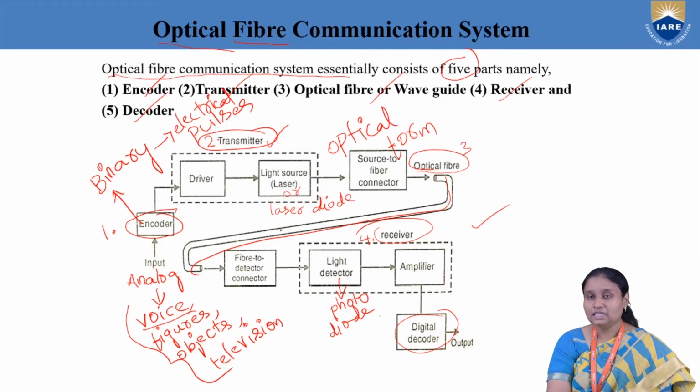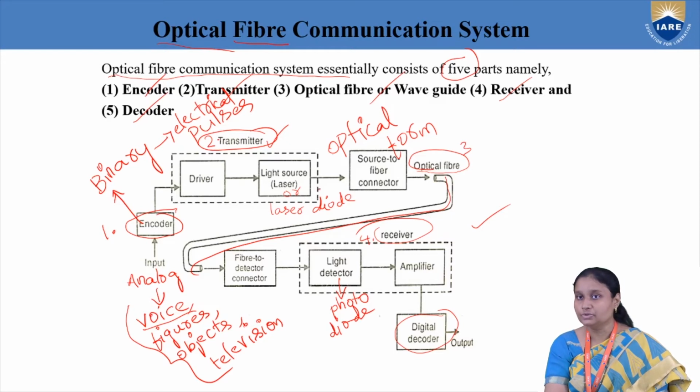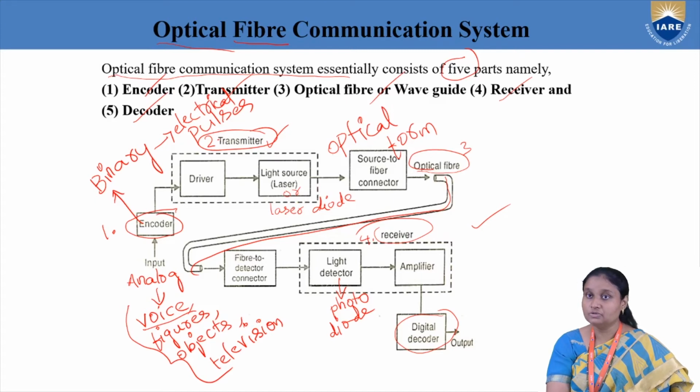Usually in laser diodes or lasers, we use forward bias diodes, and those diodes are made up of some special type of materials. They are called direct band gap materials, like gallium arsenide, indium phosphide, and so on.